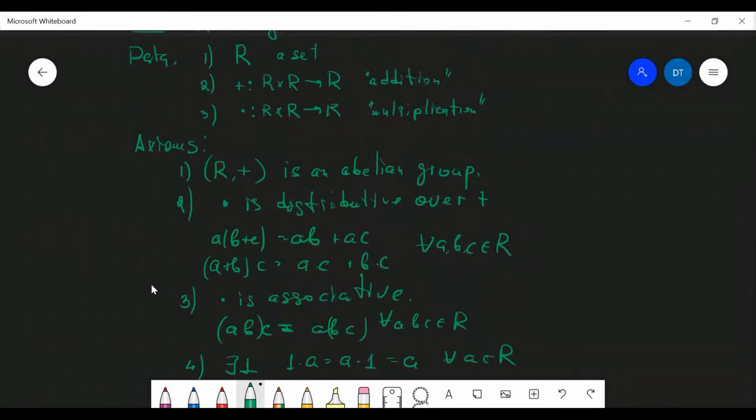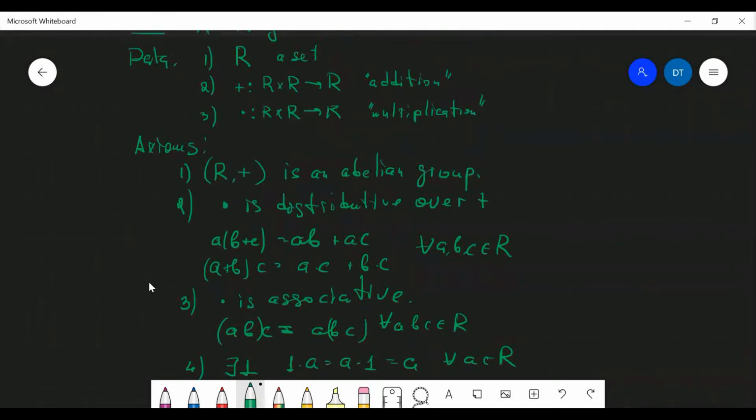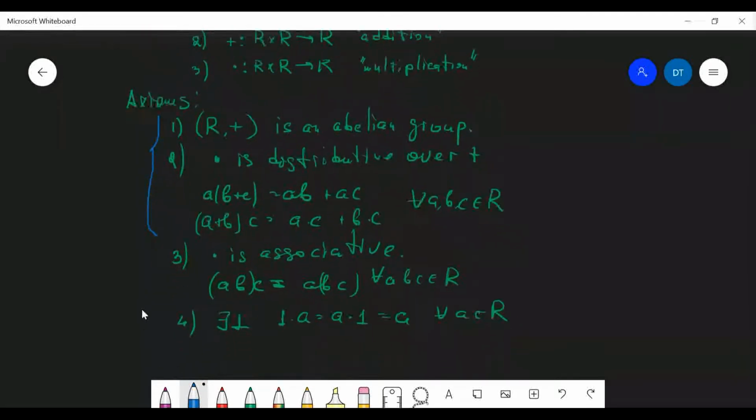Actually, in general, the most general definition of a ring is to pose only these two axioms. You have a good addition, and there is this specific relation between addition and multiplication. When you add these axioms, it means that you deal with an associative ring. And when you add these axioms, it means that you deal with an associative ring with an identity.